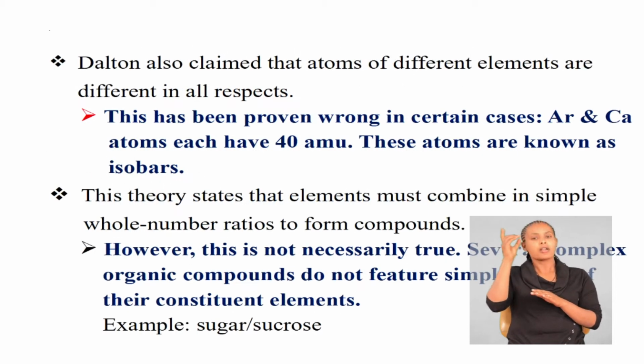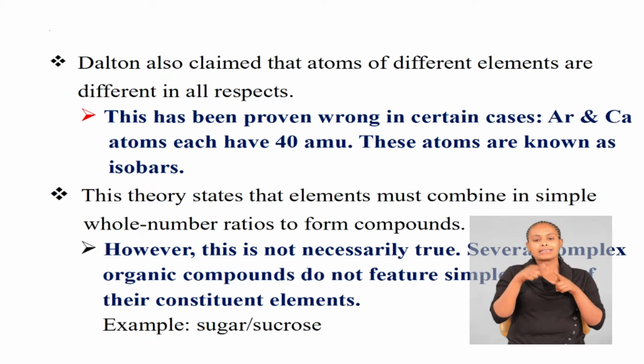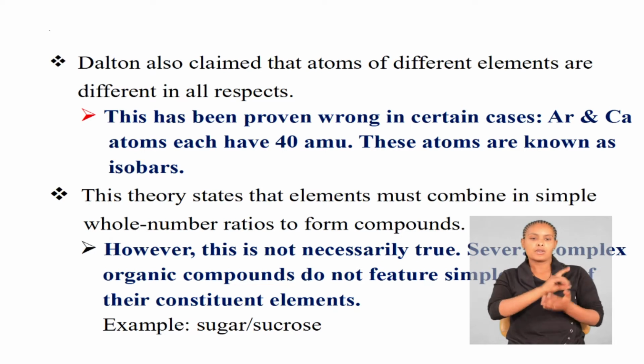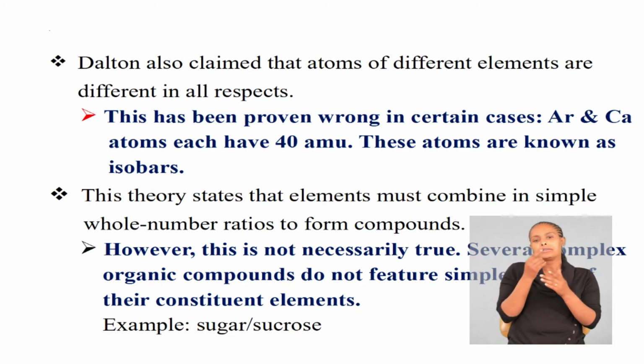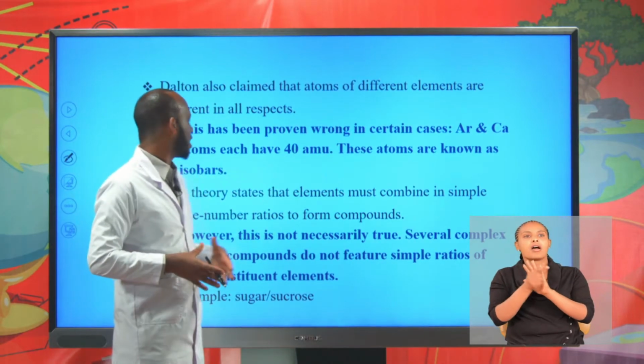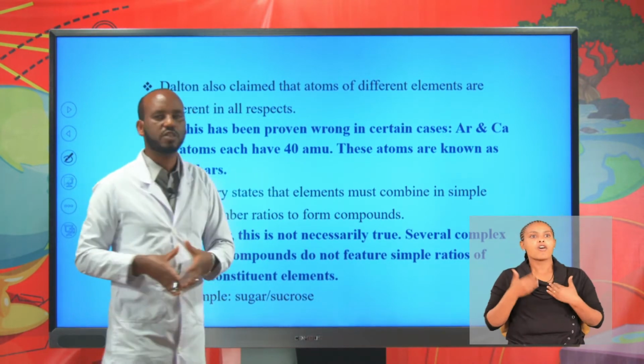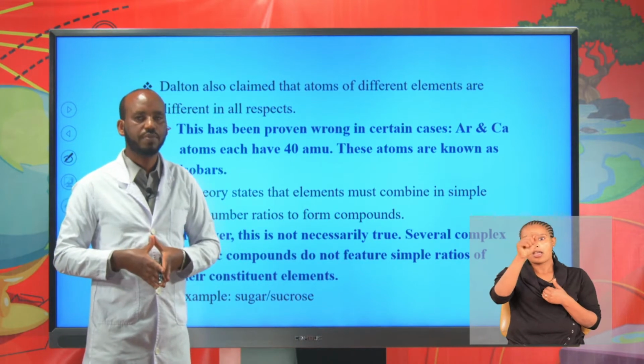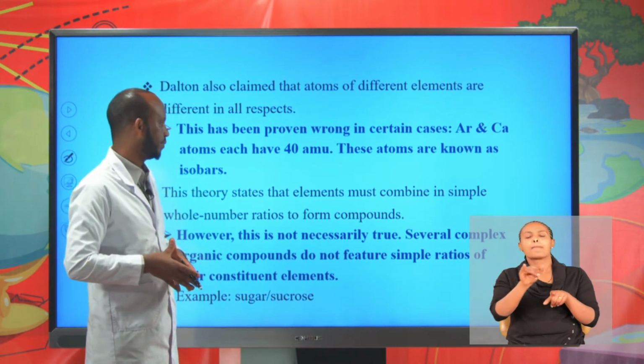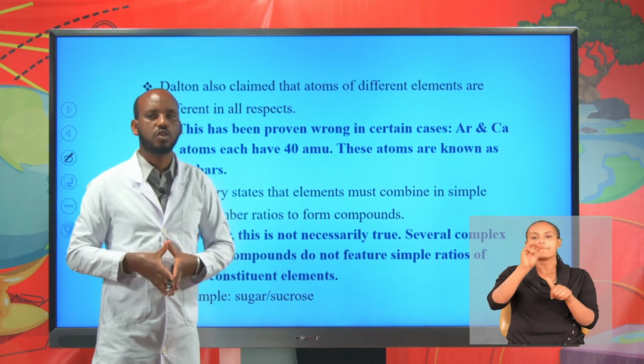Dalton also claimed that atoms of different elements are different in all aspects. This has been proven wrong in certain cases. For example, argon and calcium atoms each have the same atomic mass. These atoms are known as isobars.